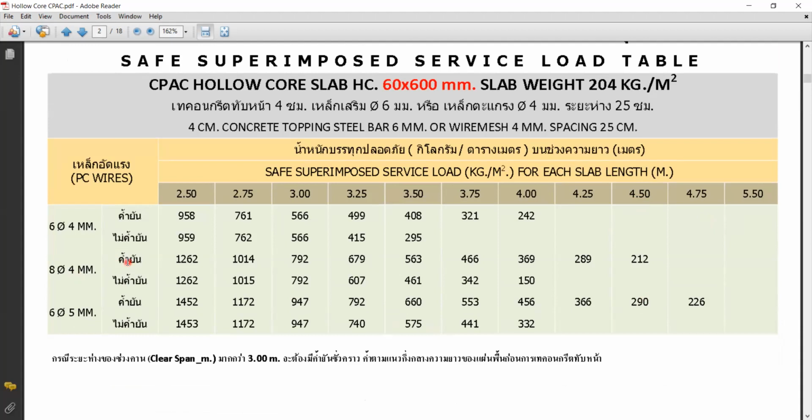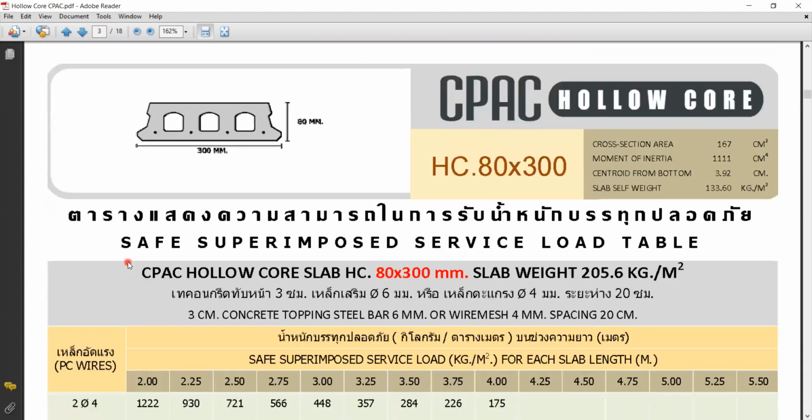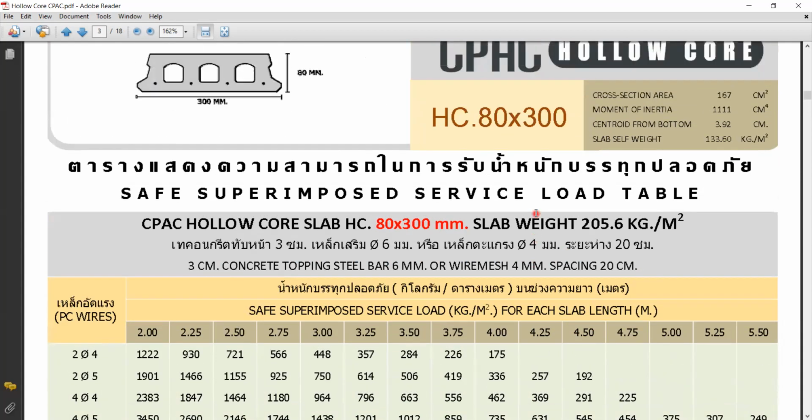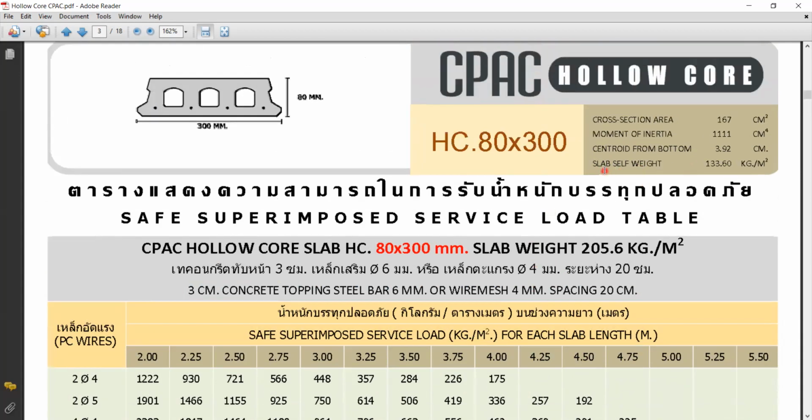And after you pick it, you pick your floor type, say 4.5, you see we have like 500. You will know the weight of this floor because it says here, slab self weight, 133.